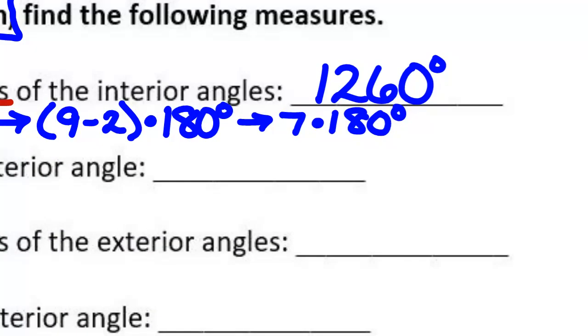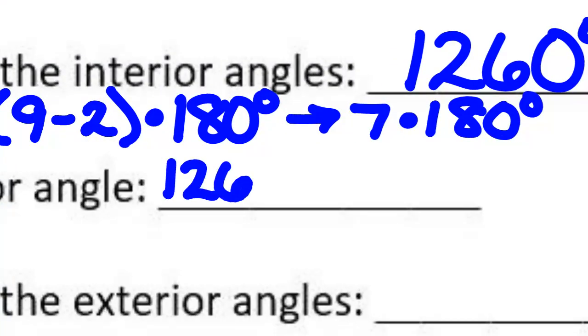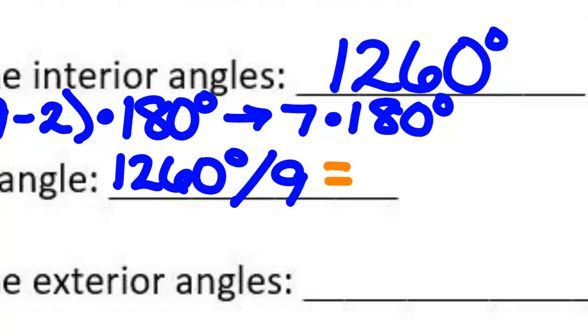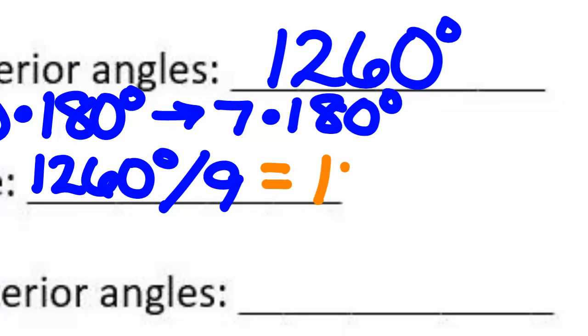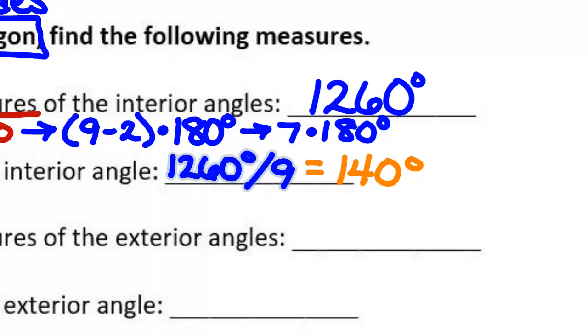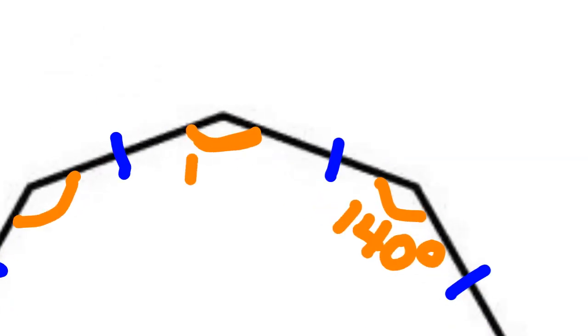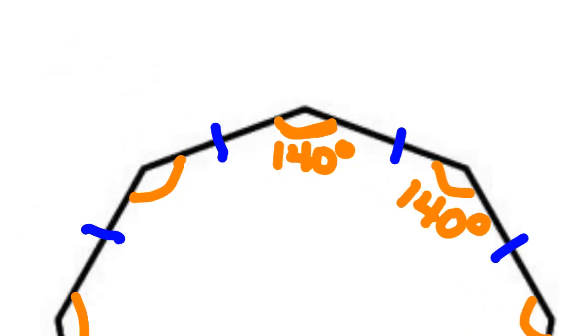So we're going to do 1260 divided by 9. And what would that give us? 140. Total number of degrees divided by the number of angles, which is the same as the number of sides. So this is 140 degrees right here. I'm not going to go through and write that on all of them, but you get the idea.